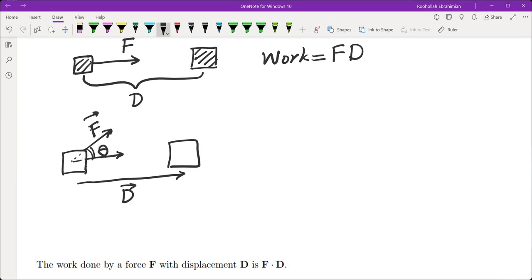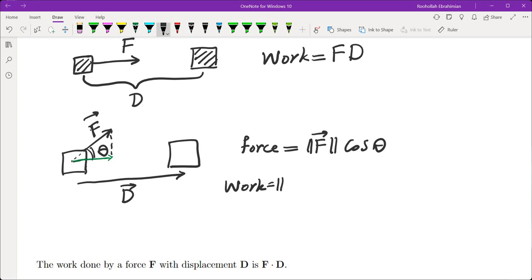Because there is an angle here, we use the right triangle. So the force in the direction of d would be the magnitude of F times cosine of theta. So work would be the product of these two: magnitude of F times cosine of theta times magnitude of d.